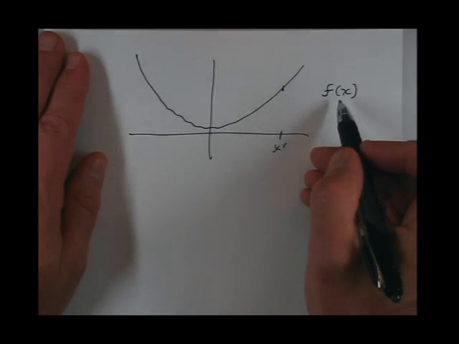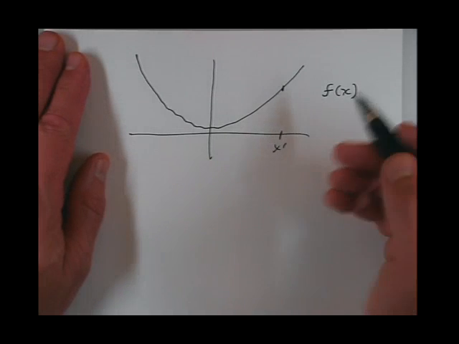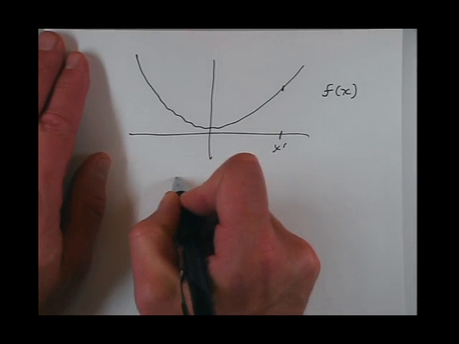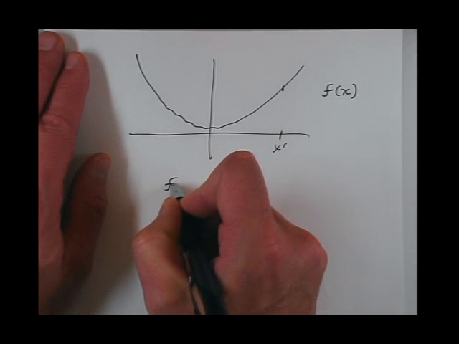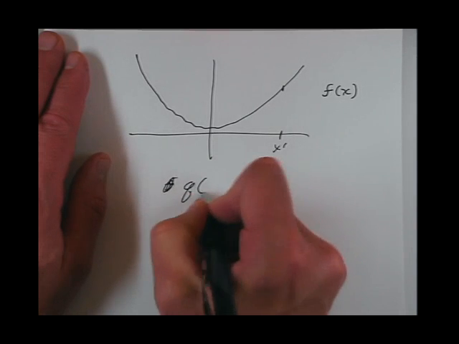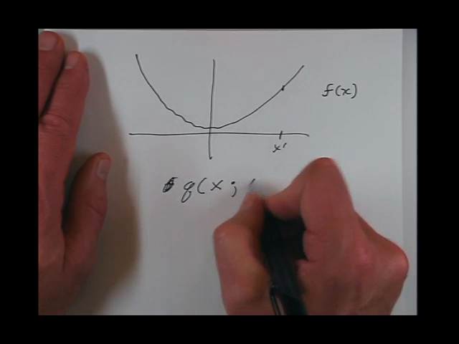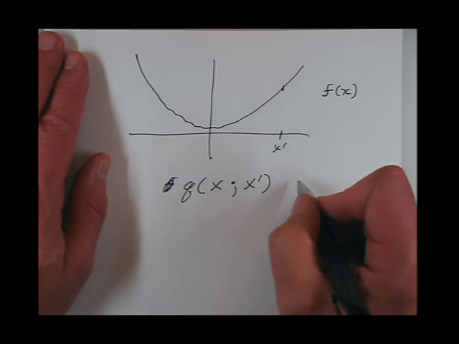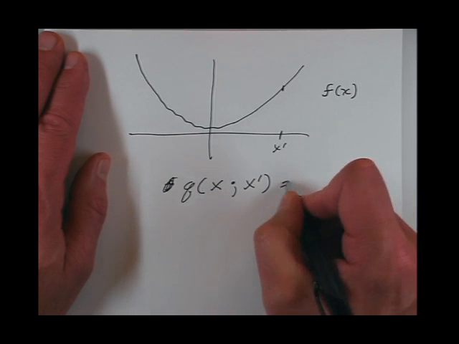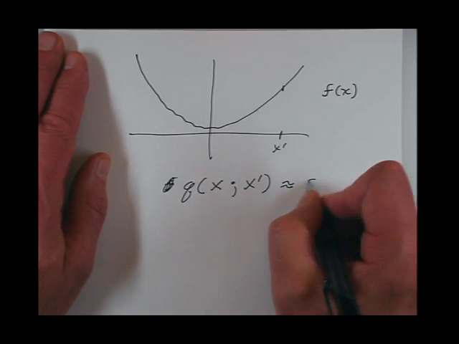But you're trying to approximate one function by another. So the new function we'll call Q of x semicolon x prime, and hopefully that's approximately equal to f of x.